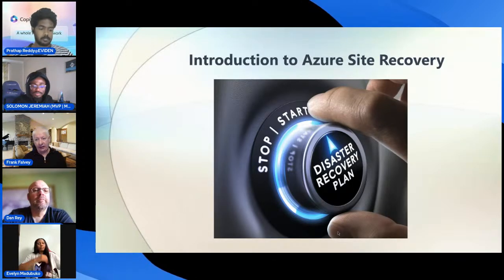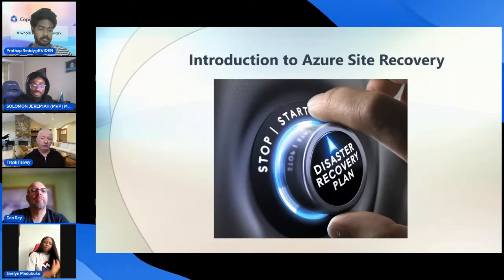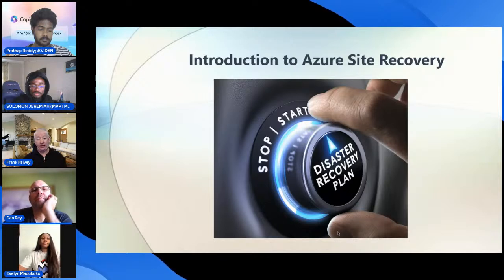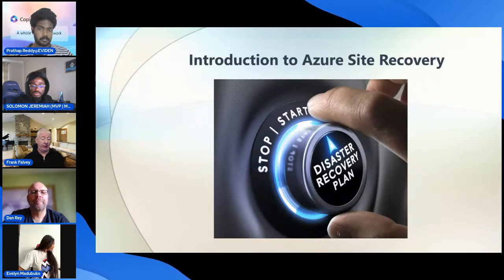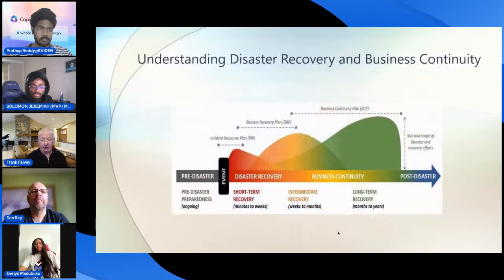At least with Azure Site Recovery, you've got it all in the cloud. So when you get your on premises back up again, you can just fail it over again from Azure Site Recovery. Or you can use Azure Site Recovery as your primary while your on premises is getting back up and going. So that's having the plan.